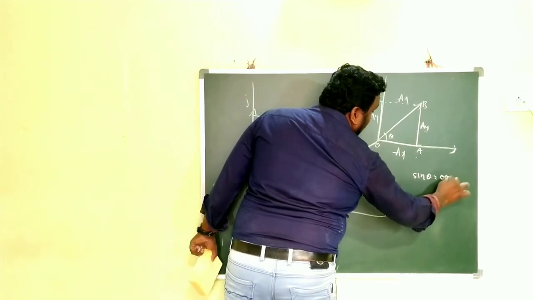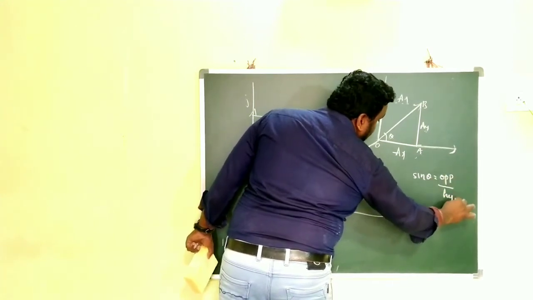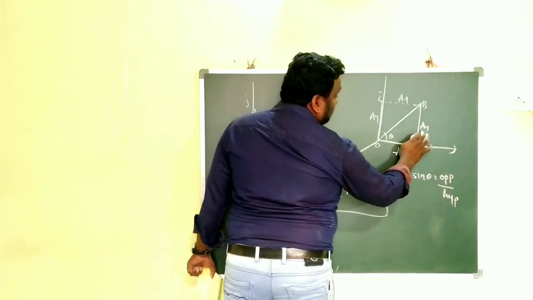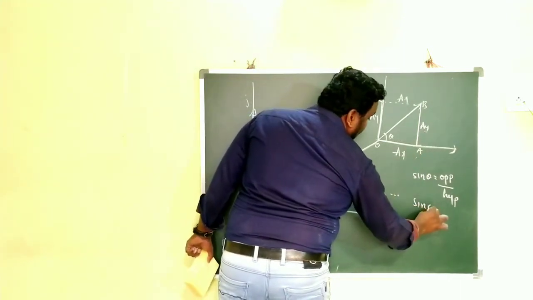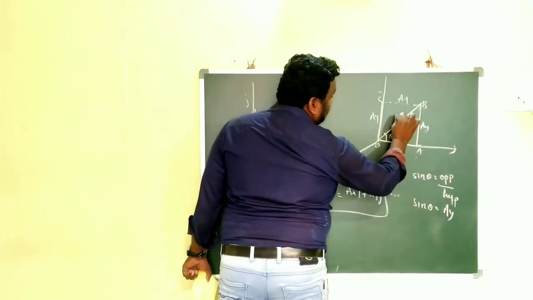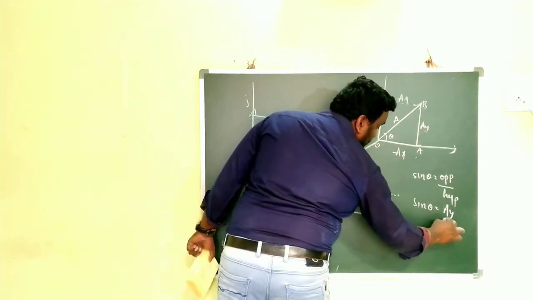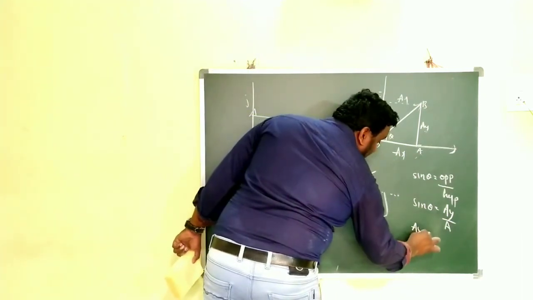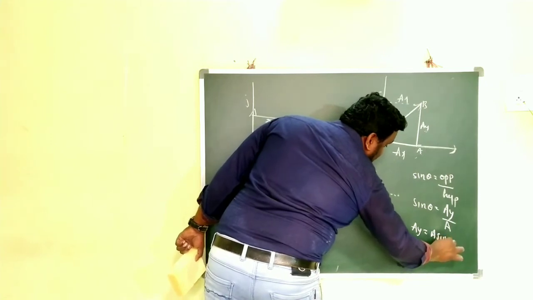Sin theta means opposite side by hypotenuse. Here the opposite side is AY and the hypotenuse is A. So sin theta is equal to AY by A.